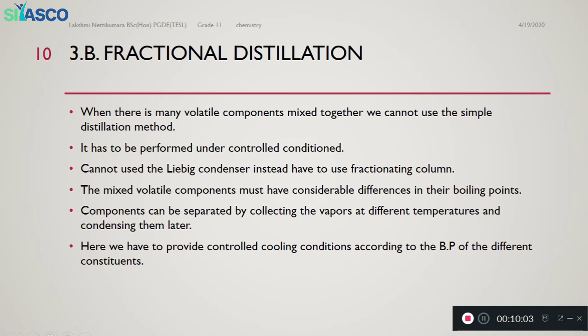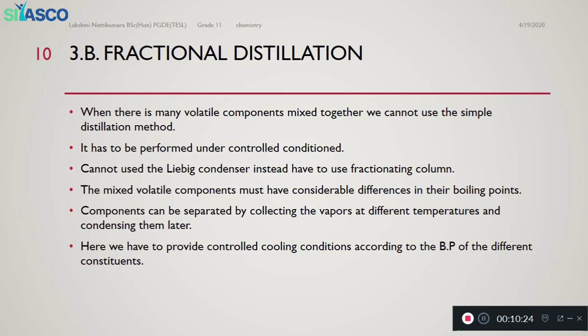However, fractional distillation is a bit complex and we have to control some conditions. Remember, the principle behind it is the same. Here we use a fractionating column and a Liebig condenser.